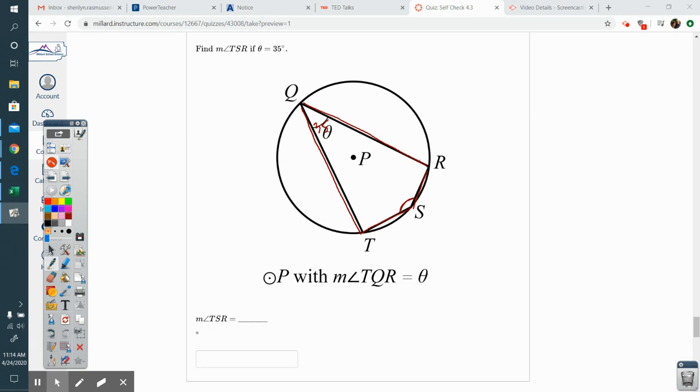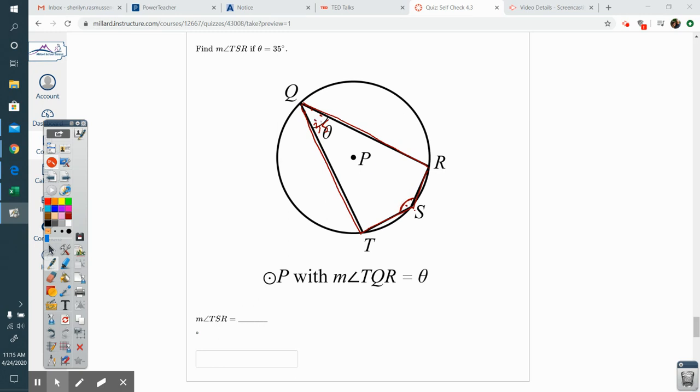That is a quadrilateral. Quad is 4. So if you have a quadrilateral that is inscribed, and inscribed means inside and touching the edges of the circle, then always, always, always, the angles opposite of each other are supplementary.